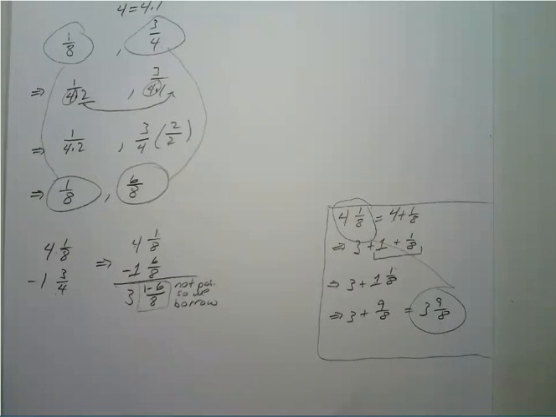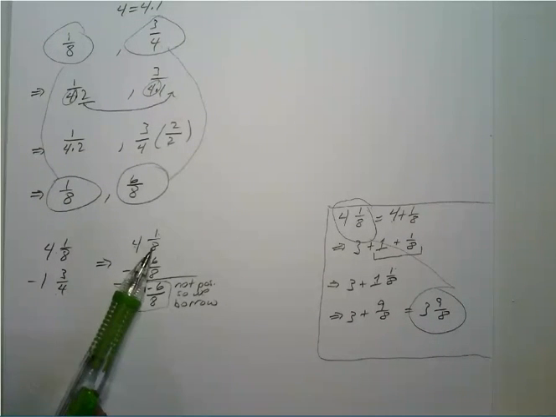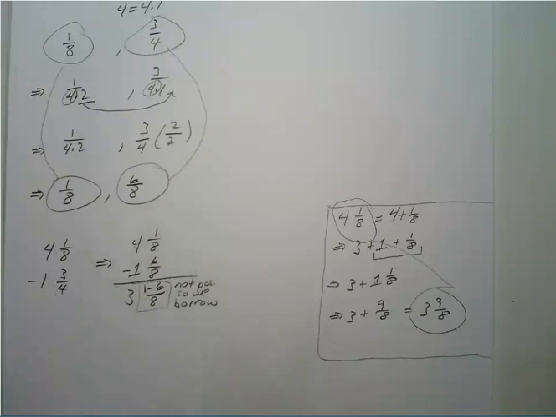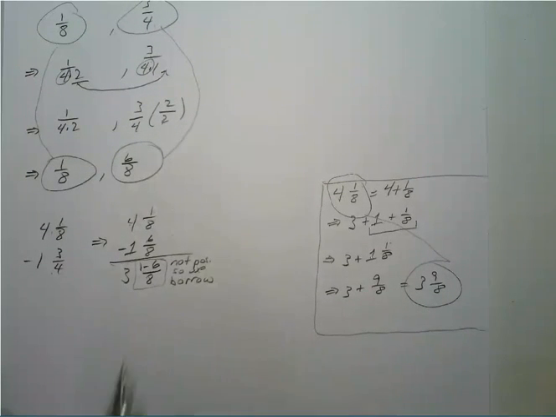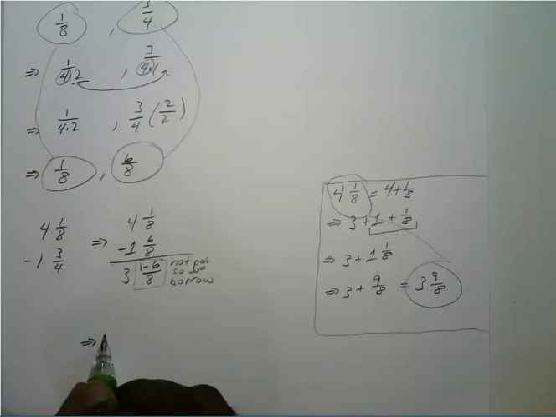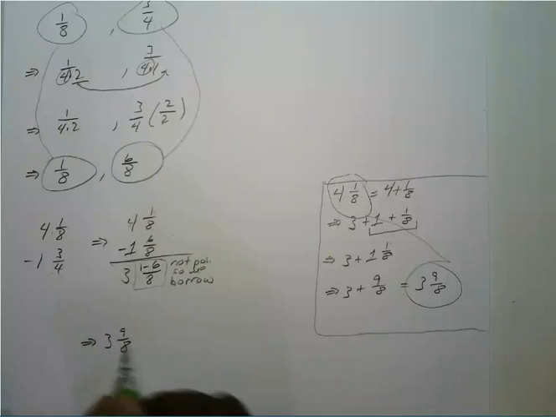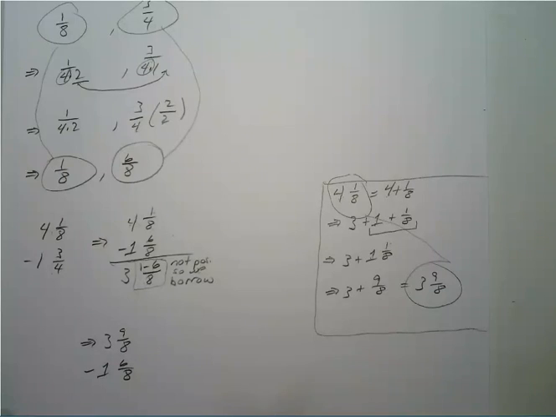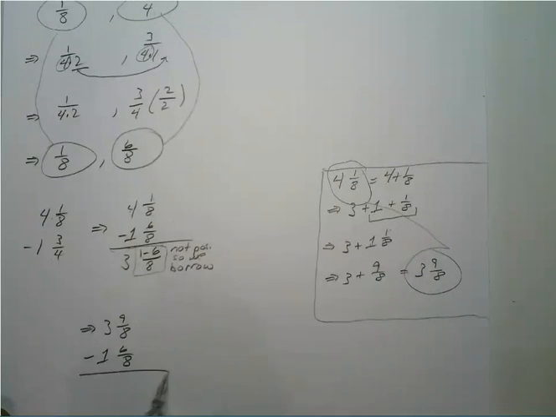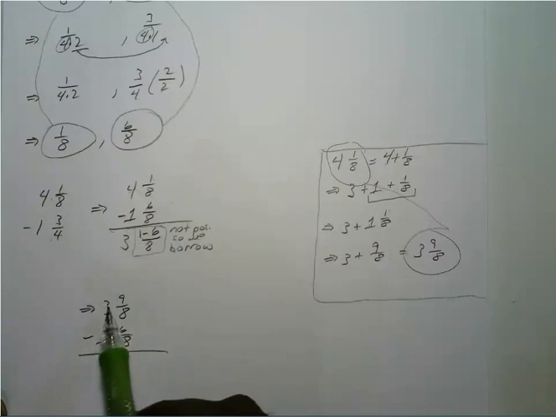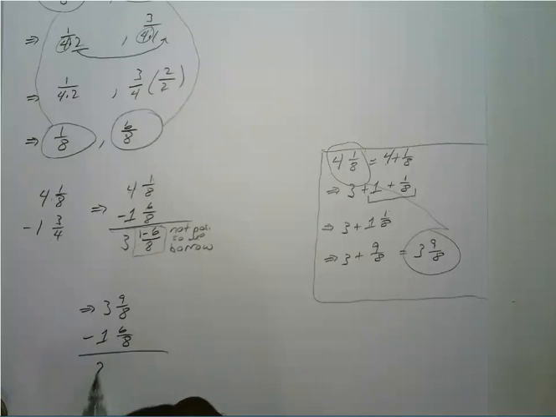Okay, so now we're going to redo it, but we're going to replace that with 3 and 9/8. Okay, so we have 3 and 9/8 minus 1 and 6/8. So we subtract our whole numbers, 3 minus 1, which is 2.